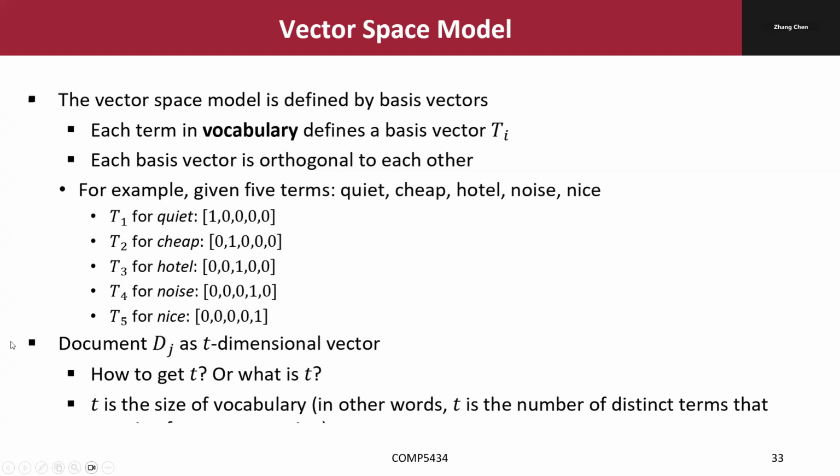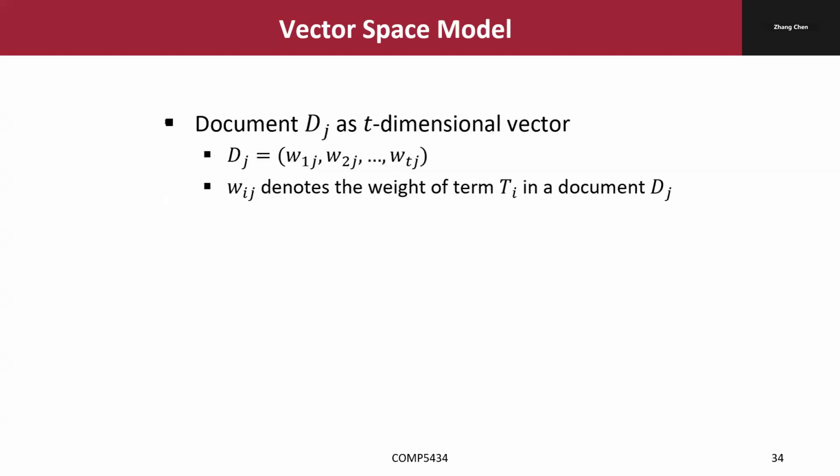So here's the question: how do we get the T, or what is the T? T is basically the size of the vocabulary. In other words, T is the number of distinct terms in the documents.